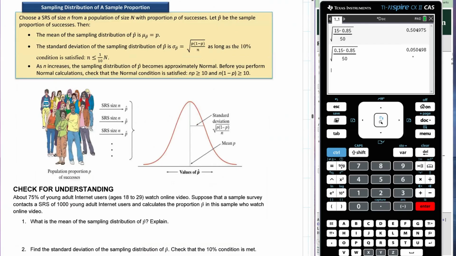It says that if we are pulling a simple random sample of size little n out of a population whose size is capital N, and the proportion of successes is p, then the mean of that sampling distribution is equal to p itself, and the standard deviation of that sampling distribution of p hat is the square root of p times 1 minus p over n, as long as the 10% condition is satisfied.